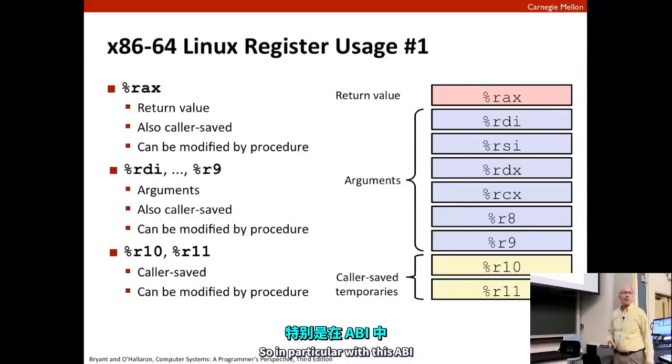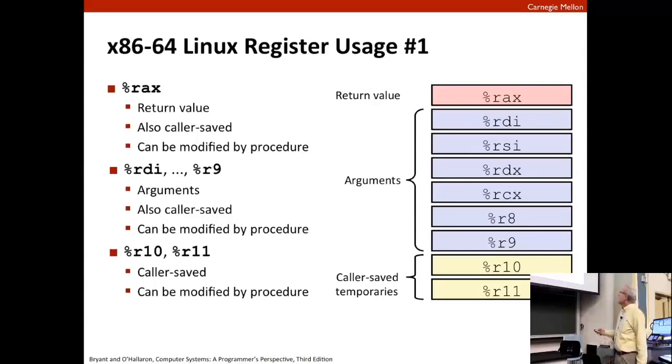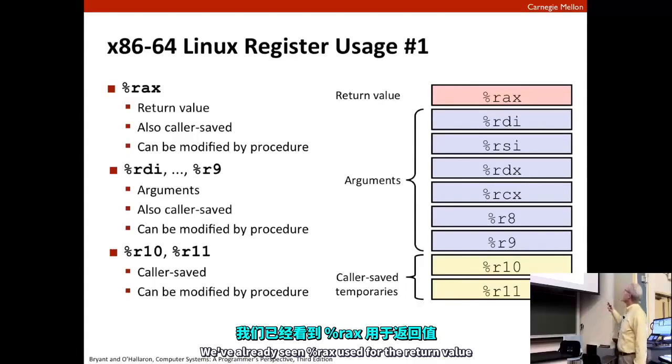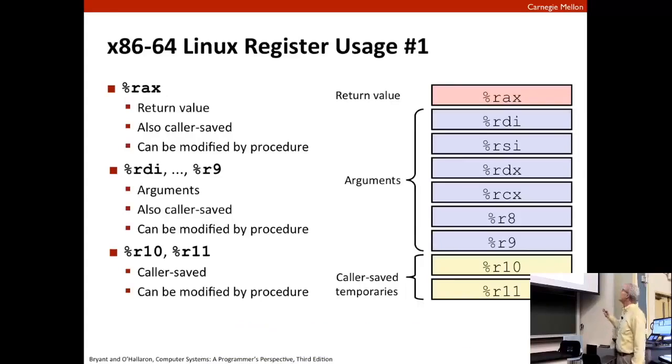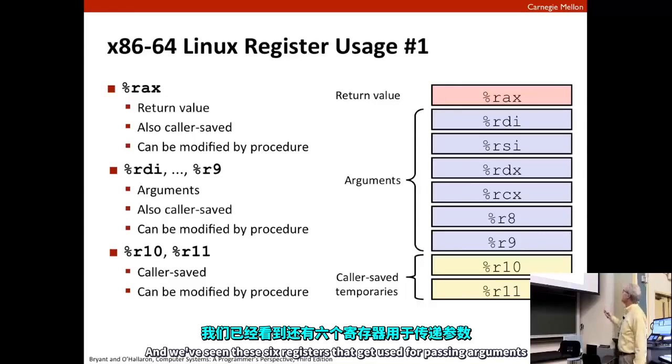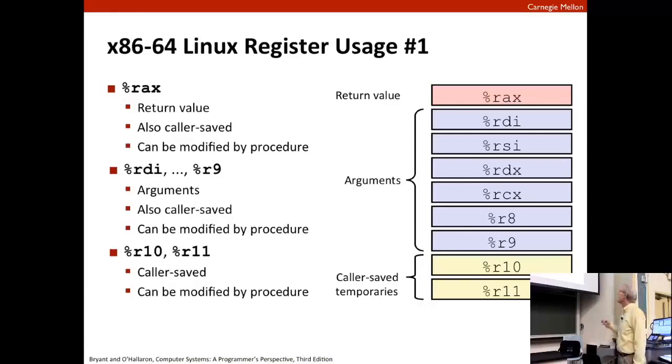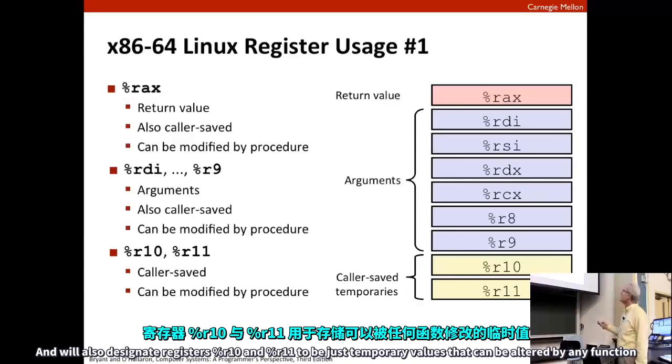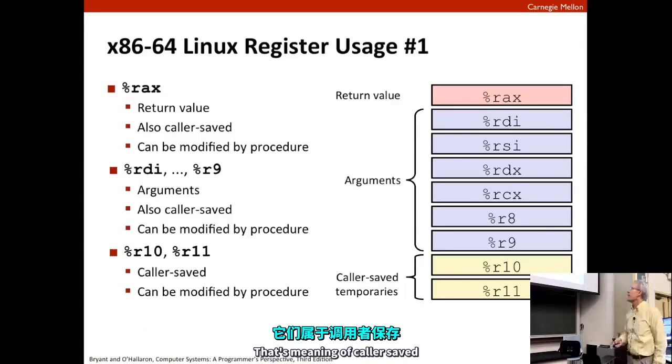So in particular, with this ABI, we've already seen RAX gets used for the return value. And we've seen these 6 registers that get used for passing arguments. And we'll also designate registers R10 and R11 to be just temporary values that can be altered by any function. That's the meaning of caller save.